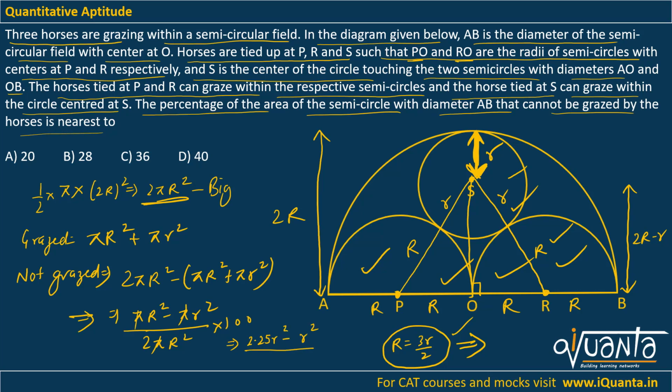In the denominator we'll have 2 into 2.25 r square into 100, which will give us how much? 1.25 upon 4.5 into 100, which will be equal to 27.7%, okay, close to this. So nearest to 28%, option B will be the correct answer.